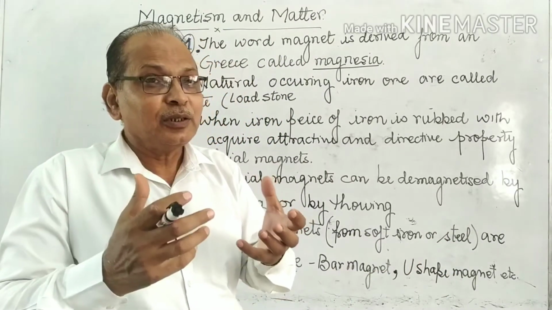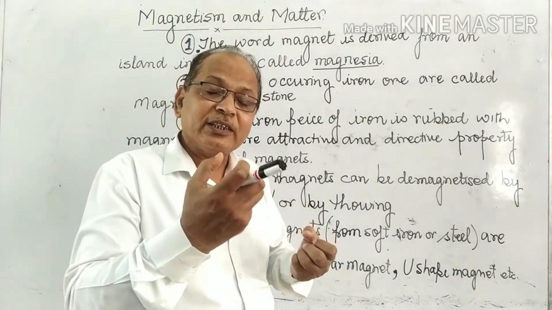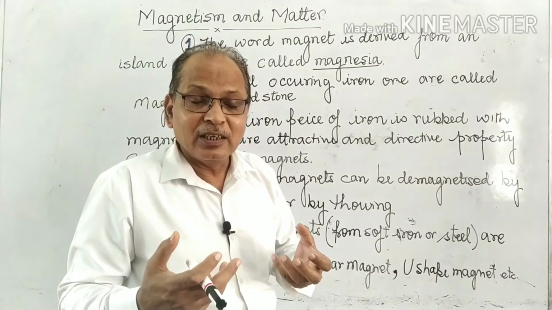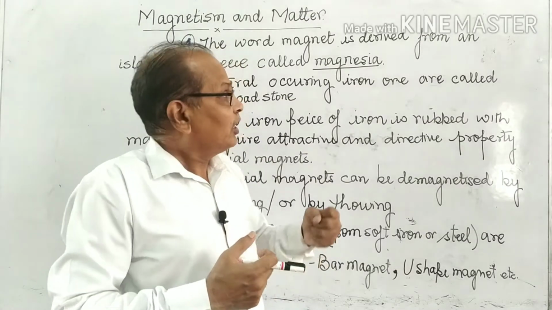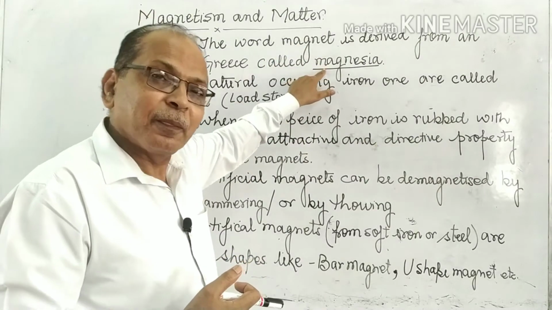That means the stone has a property to attract the iron pieces present in the shoes. Hence, the word magnet comes from Magnesia.